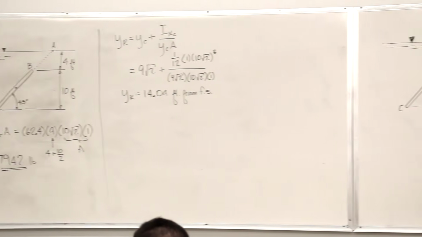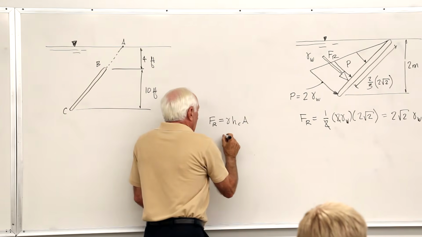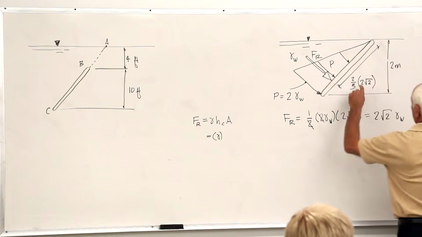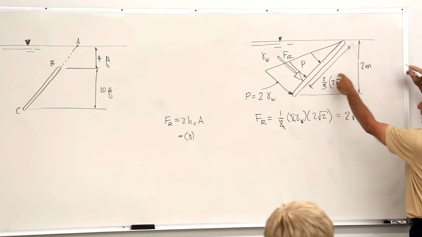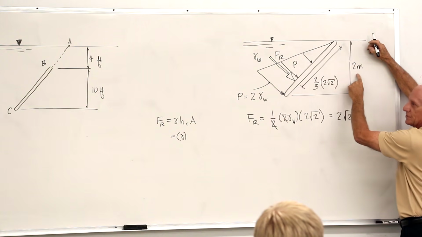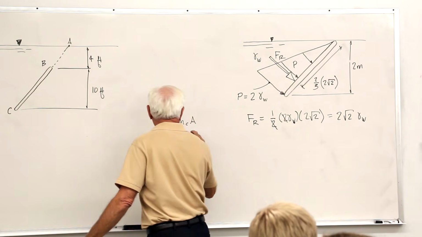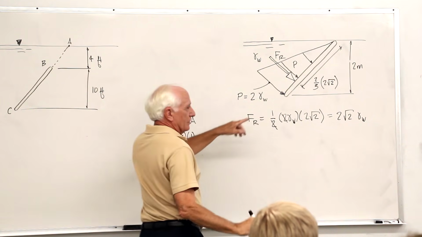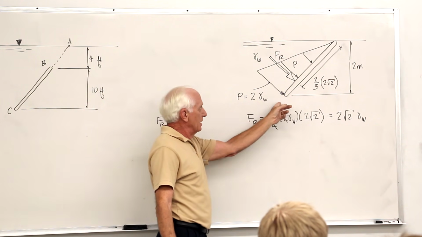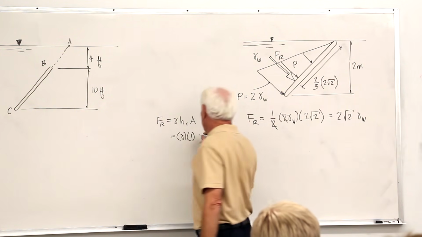Gamma H sub C times A. Gamma H sub C, the distance down from here down to the centroid. Where's the centroid? Halfway down. That's 2 meters. Halfway down, 1 meter. It's the area of that plate. 1 into the blackboard. Hypotenuse, 2 square root 2.